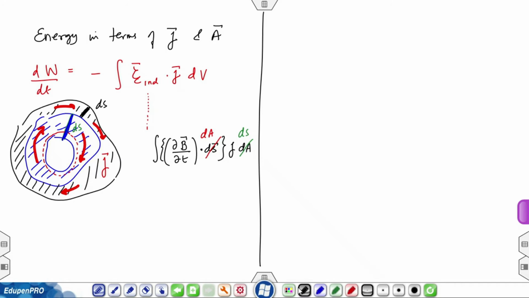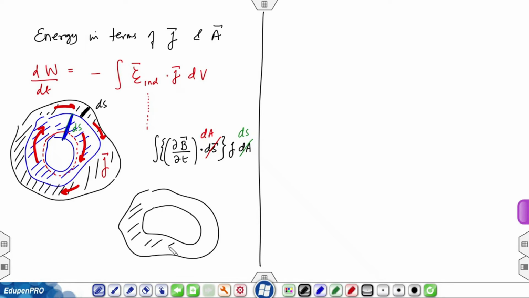I have this volume in which current density J is flowing, made thick, and here is J in this.